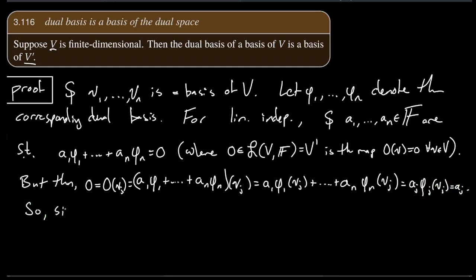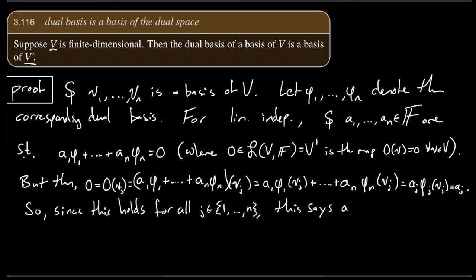So, since this holds for all j in 1 through n, this says a1 equals dot dot dot all the way down through an equals 0, since we just got aj is equal to 0 by evaluating this linear functional at vj.